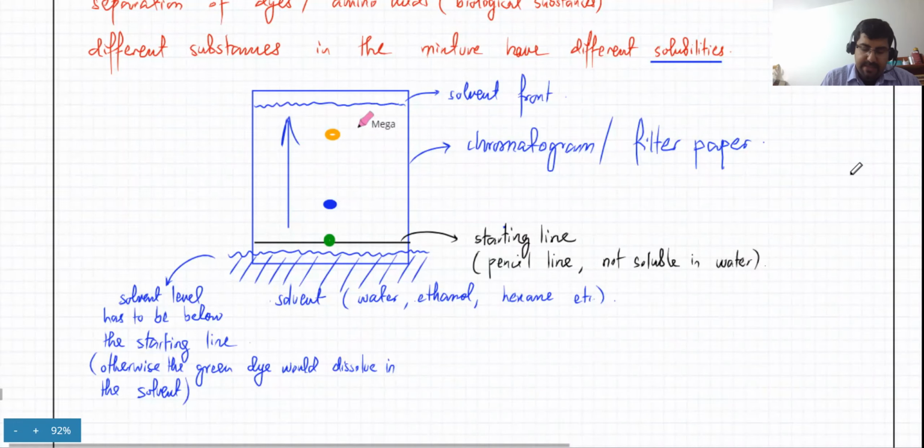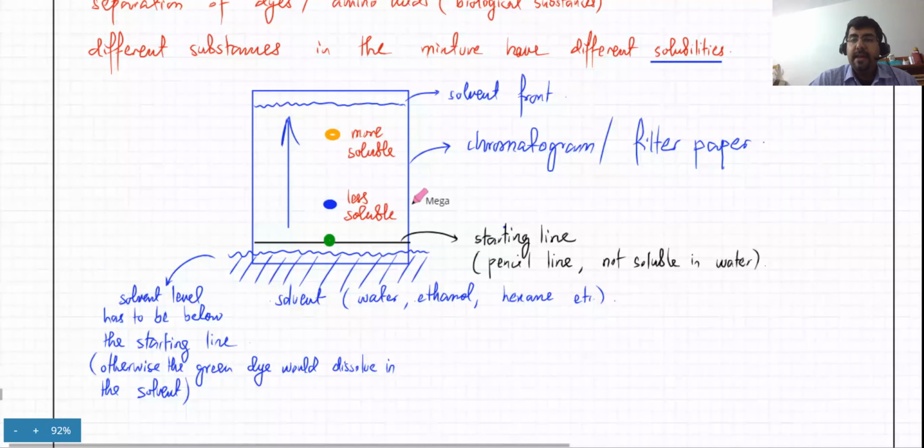So this is a dye that's traveling, or we can say that it's more soluble. And this is the dye that's relatively less soluble.